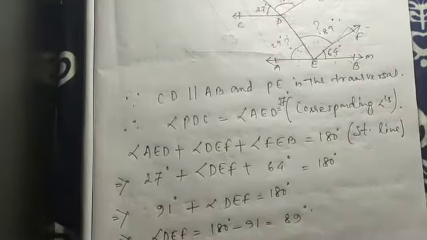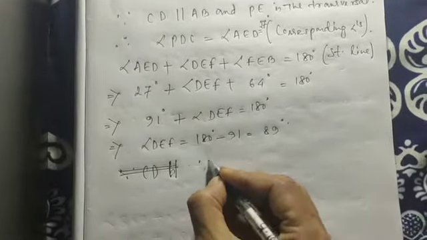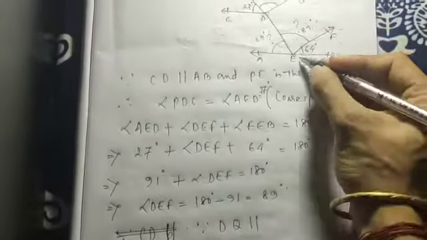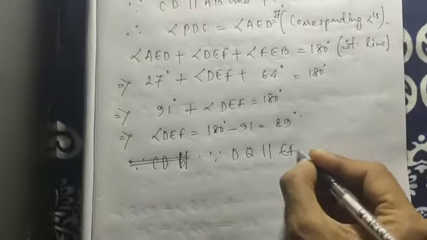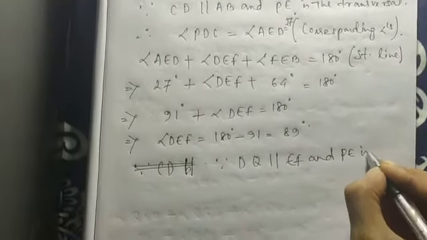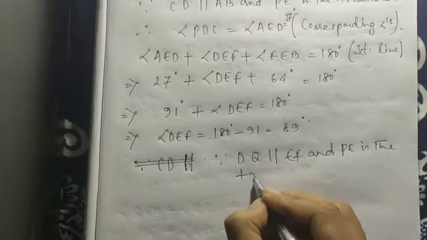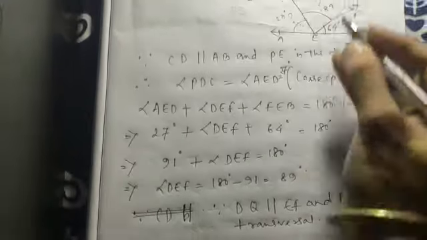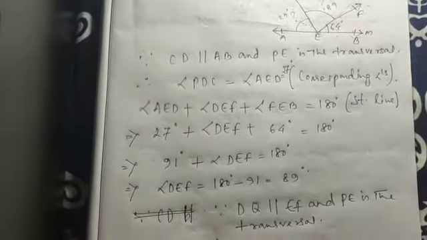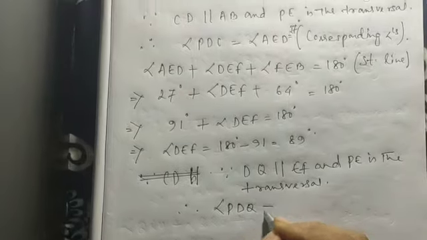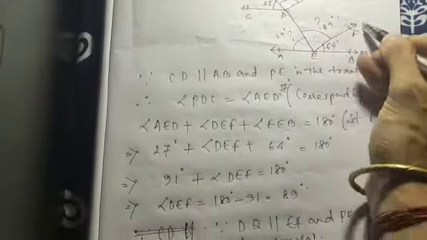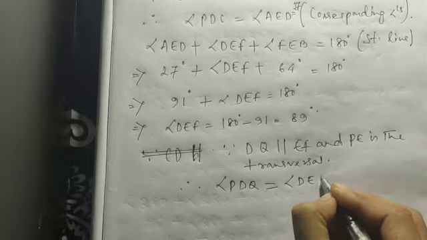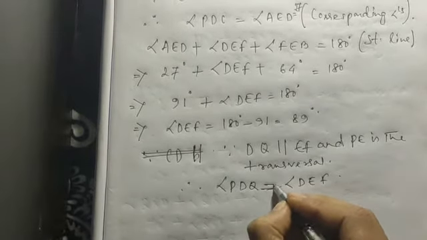So since DQ is parallel to EF, and who is the transversal? Same, PE is the transversal. Therefore this angle name is PDQ. Angle PDQ is equal to, this angle name is DEF. Angle DEF. These two are equal.